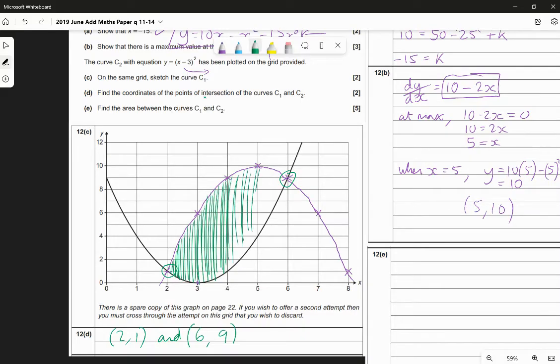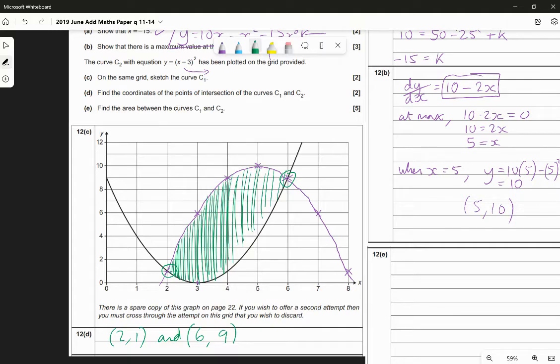Those vertical lines are the difference between the two curves. They are the purple curve subtract the black curve.